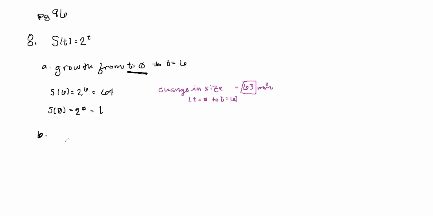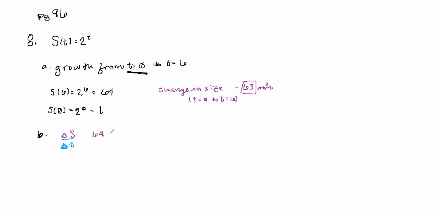Yep. So I'm looking for the change in size, and then I'm going to compare that to the change in time, and delta is just what we use to say change in. So change in size compared to change in time.